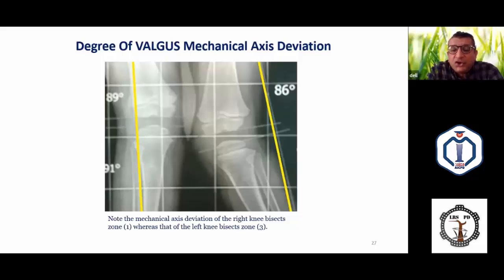So this is zone 1. But on the left-hand side, we get an area or zone that is almost 3 times half the width of the tibial epiphysis. So this is zone 3.